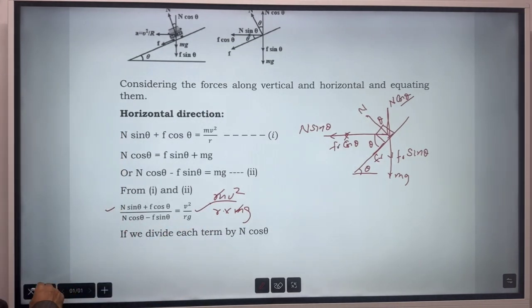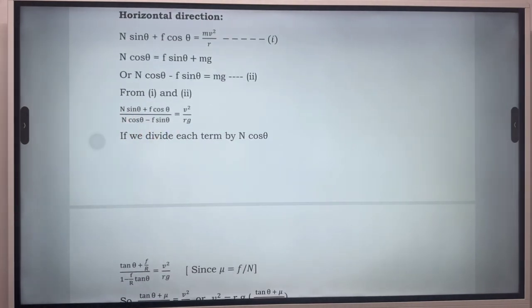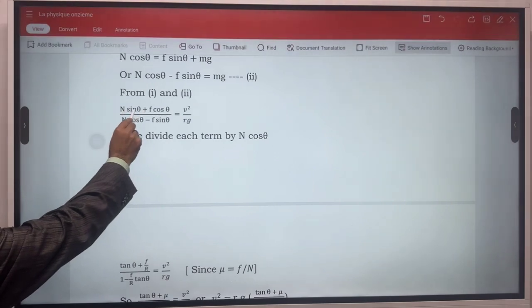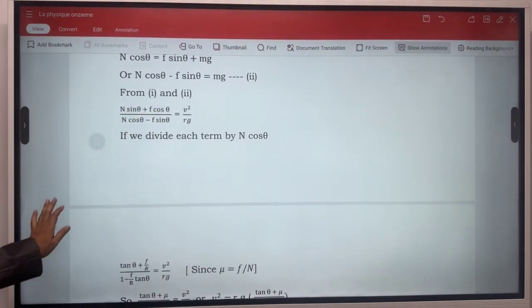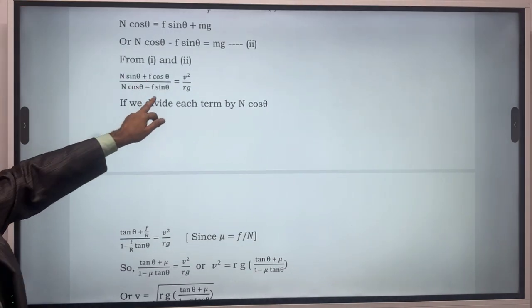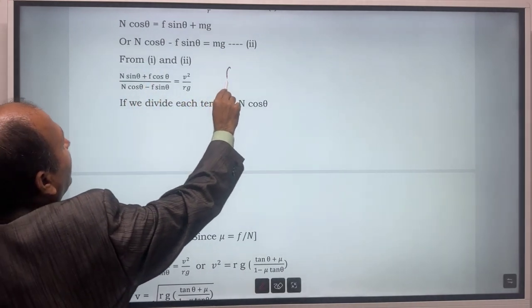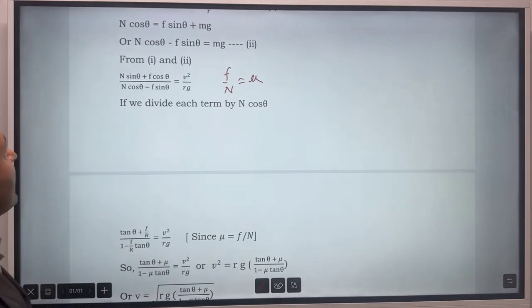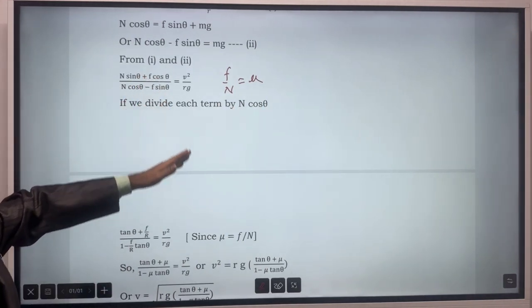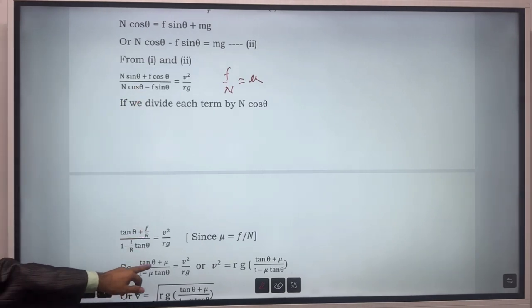Now, what can we do further? If we divide each term by N cos theta, what would be left? Here N sin theta upon N cos theta will become tan theta, N will get cancelled. So we will get tan theta, and this term will become f upon N, and f upon N is the coefficient of friction, mu. And f cos theta upon N cos theta, cos theta will cancel out, and that will become mu.